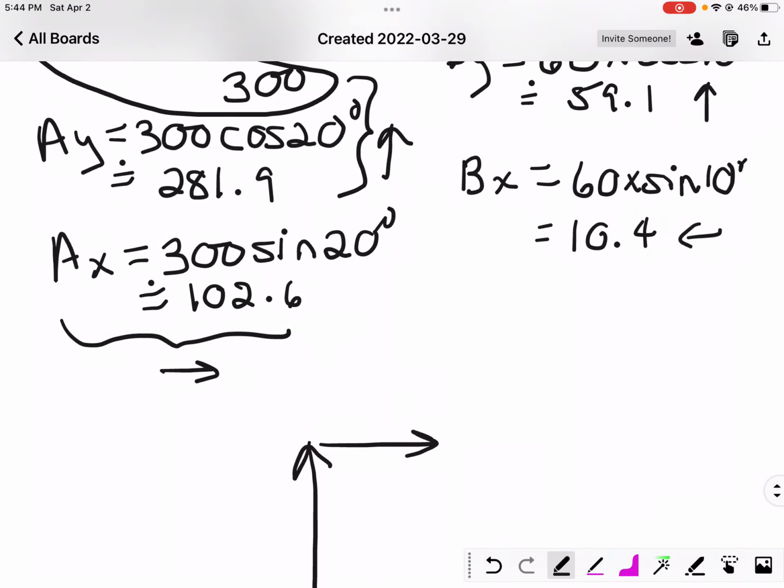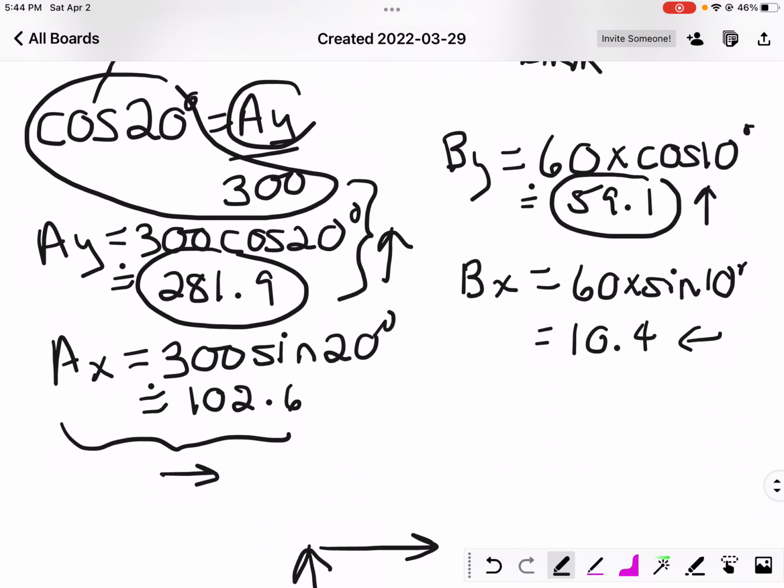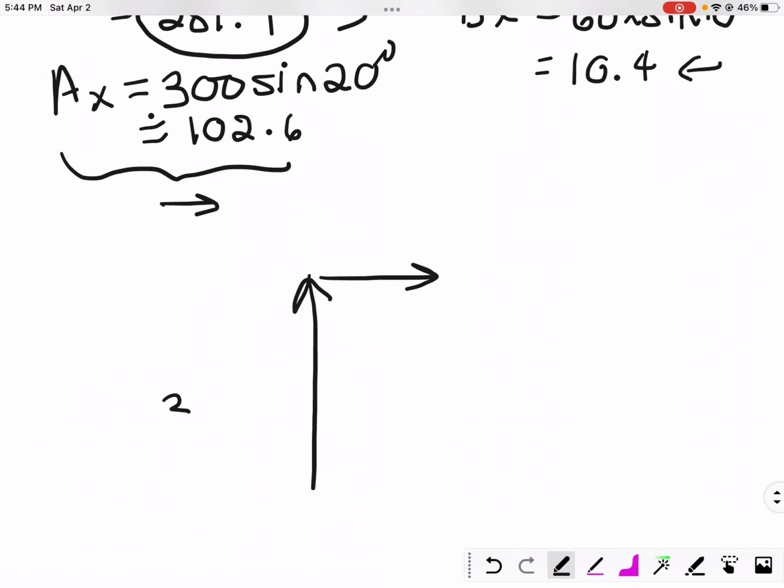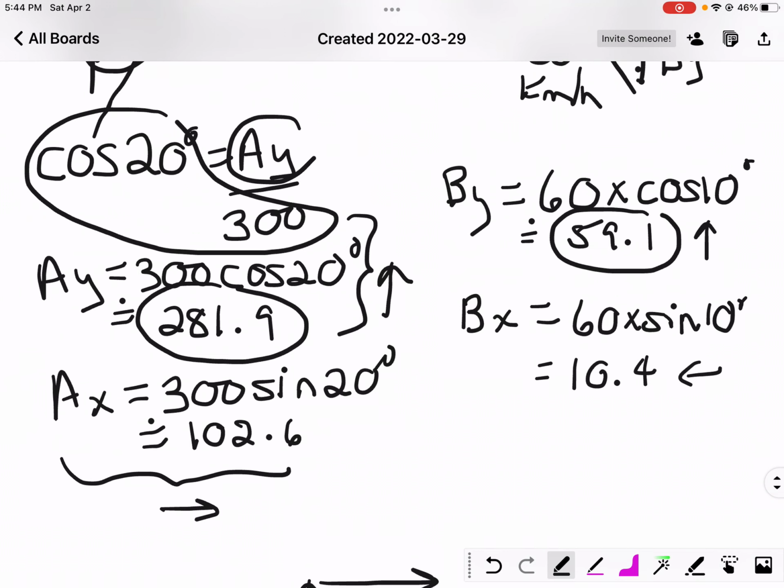If I take the two upward components, which are both pointing upward, I am going to get 341. Again, that's by adding the 281.9 and the 59.1.